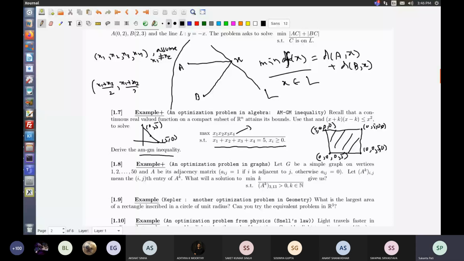Now see the value: it will be (x1 plus x2) whole square by 4 times x3 x4. And earlier what you had was x1 x2 x3 x4.